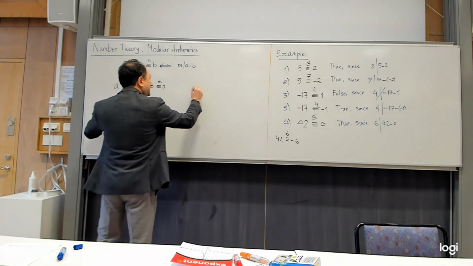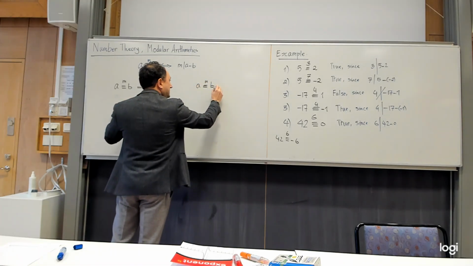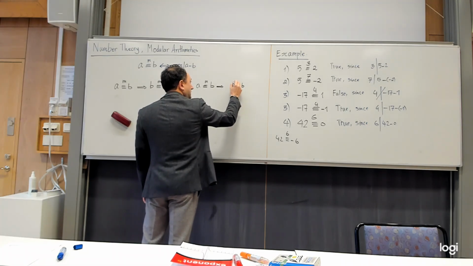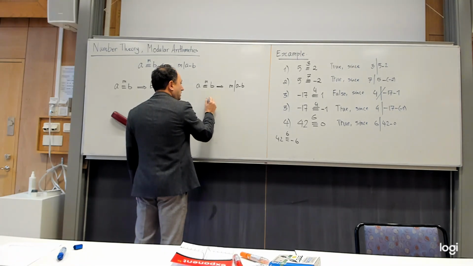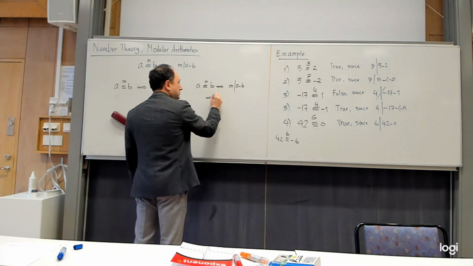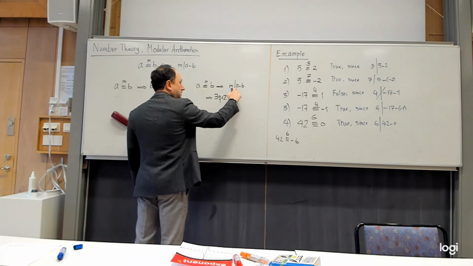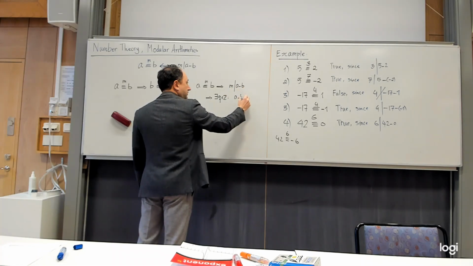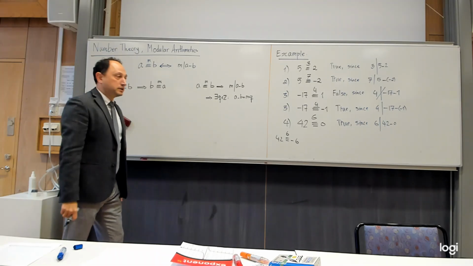So when you tell me that a is congruent to b modulo m, this means that a minus b is divisible by m. Yes? So if you really want to write everything in detail, you will say that there exists a q in Z such that the number on the left is the number on the right multiplied by q. Yes? But then what can I do?